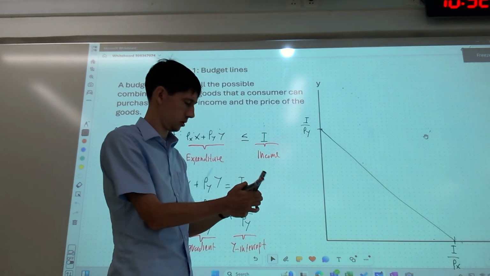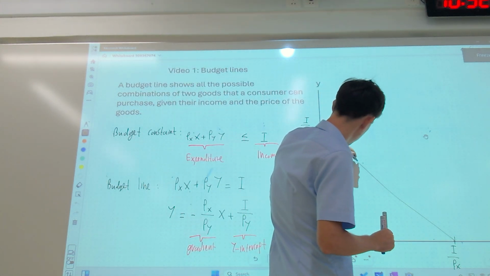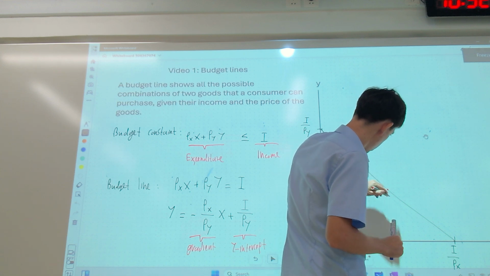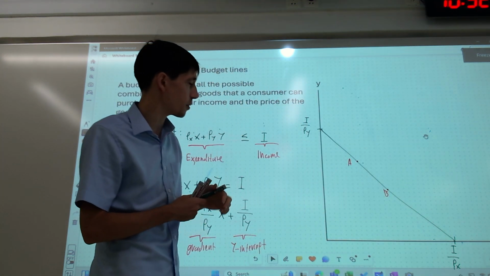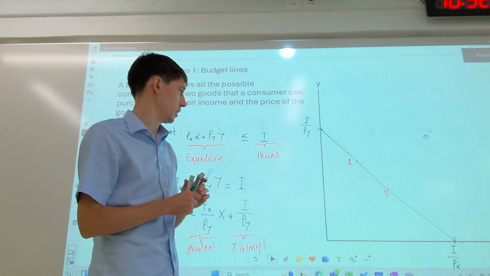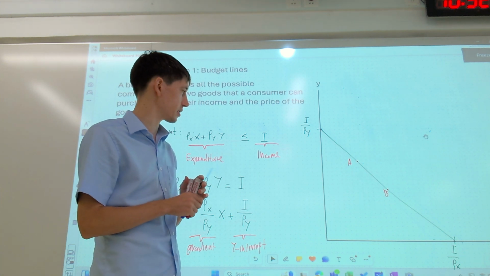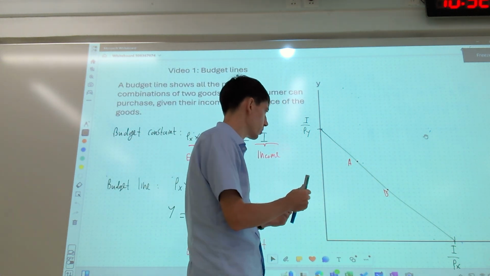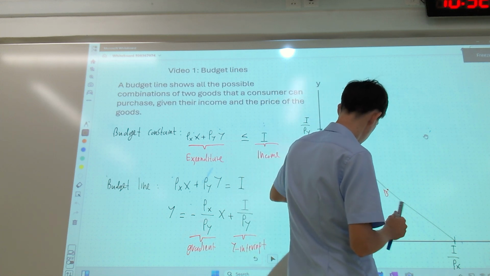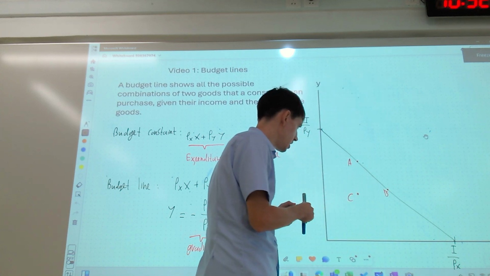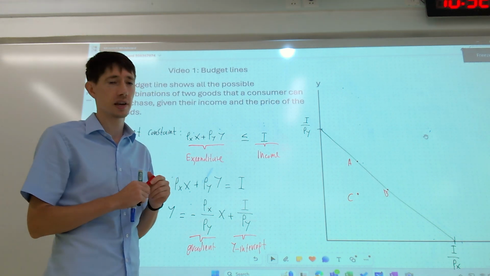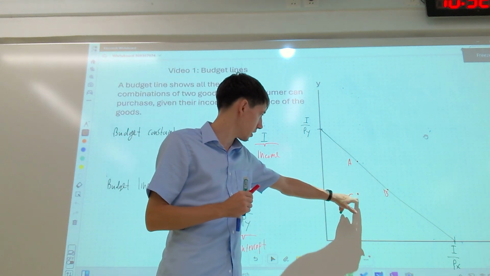And here, every point on the line represents the combination of x and y that we can consume given our available income and prices, assuming that we spend all of our income. If we have a point like this, call it C, we can obviously afford to consume C, but it would represent not spending all of our income.